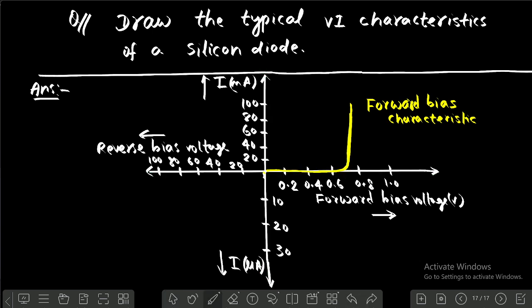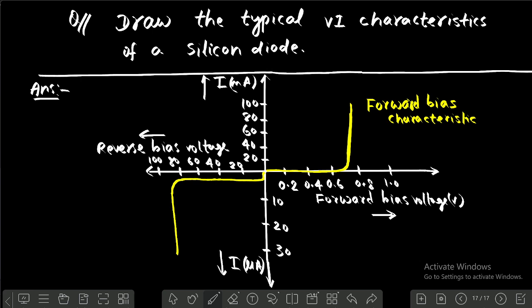From 0 up to 60 volt the saturation current is the same, and between 80 to 100 volt the current will increase vigorously like this. So this is the diagram for the VI characteristics of a silicon diode. This diagram you need to do.